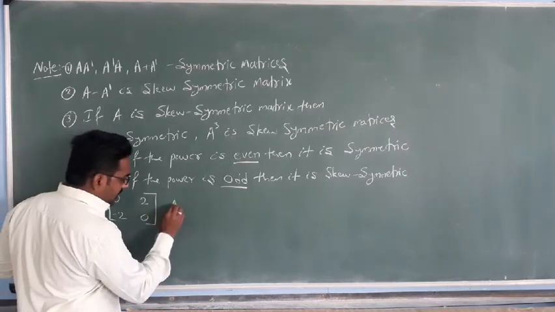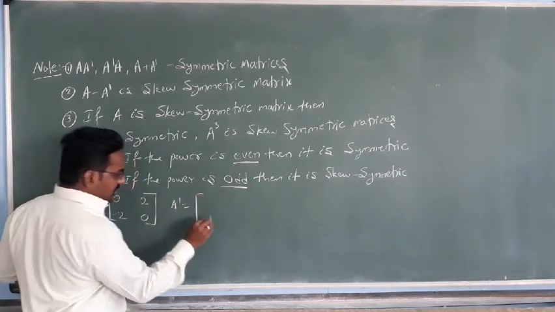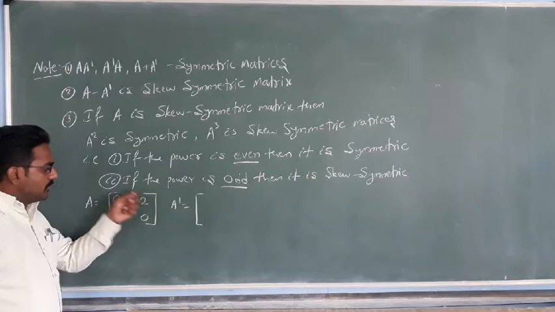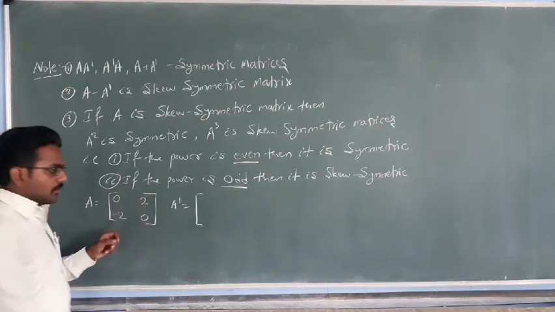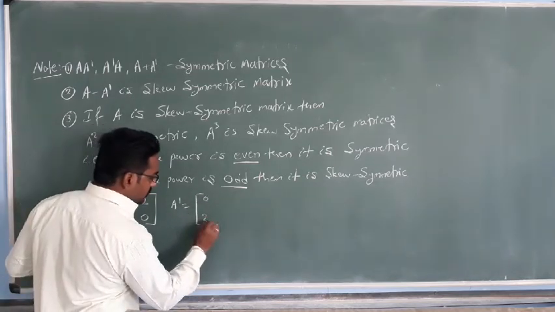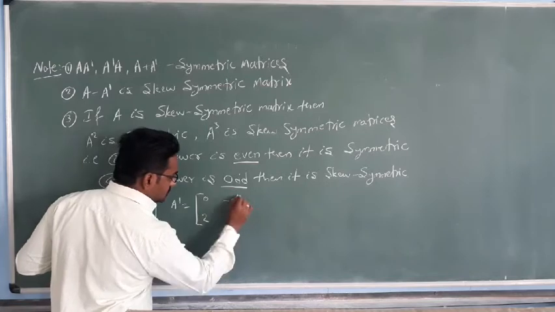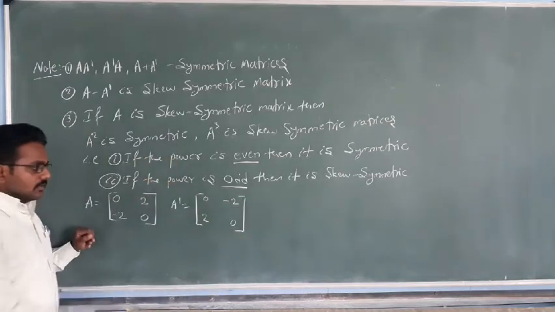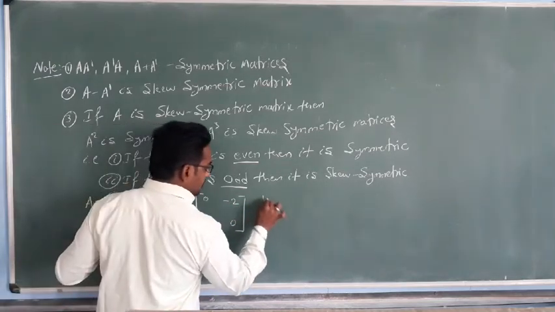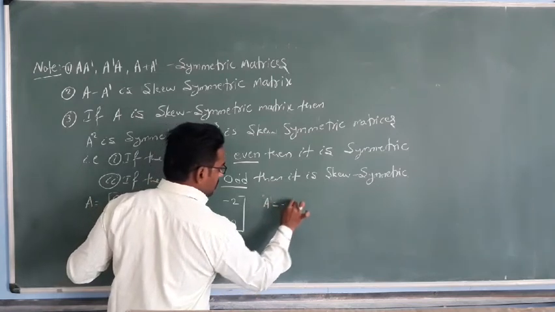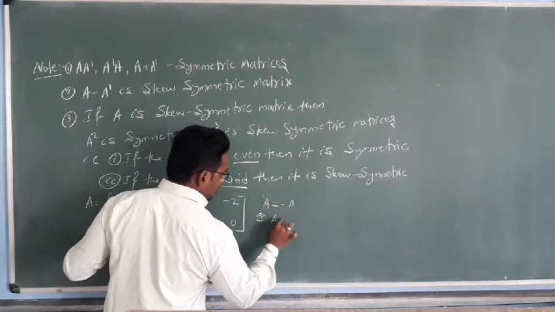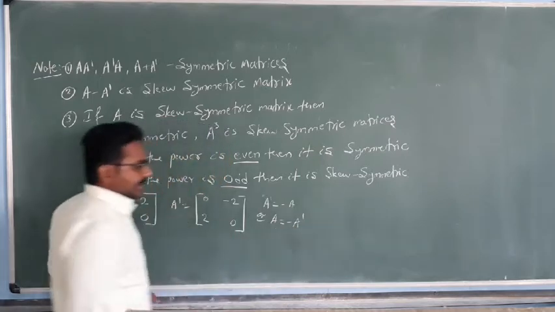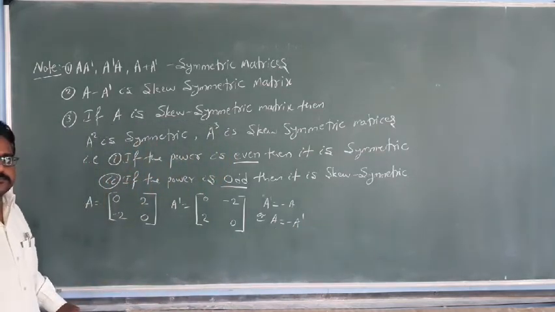So I apply the transpose to the given matrix A. This row becomes column, this row becomes column. So it means 0, minus 2, 2, 0. So from these two I can recognize A dash equals minus A, or A equals minus A dash. Yes, it is possible.